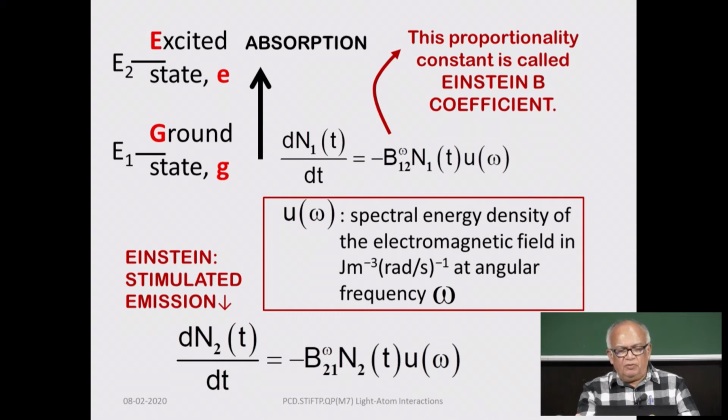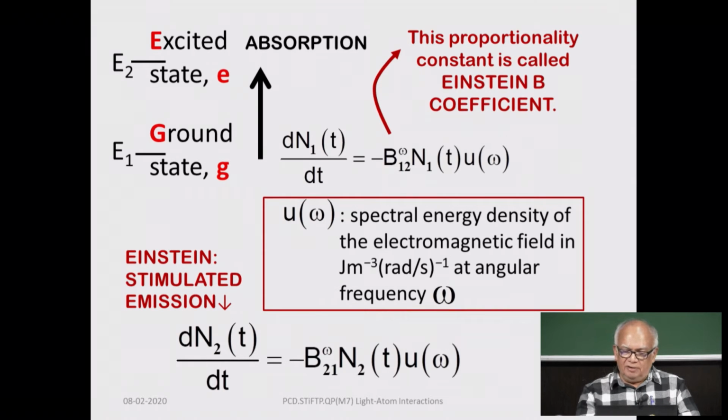So, that would again be given by a rate equation which is similar to the other one, proportional to the number of atoms in the excited state N2, the proportionality constant B21, and then it will also depend on the spectral energy density of the electromagnetic field, right.